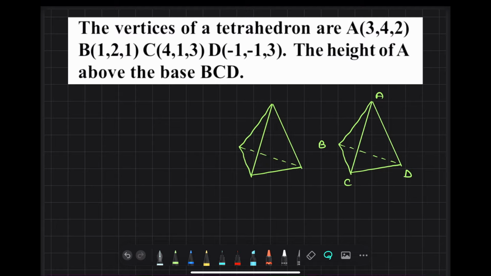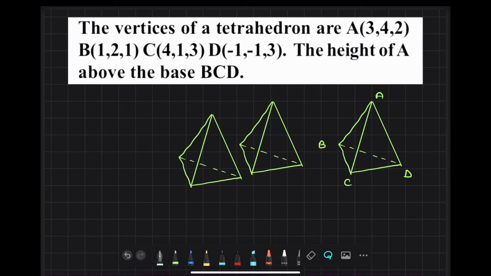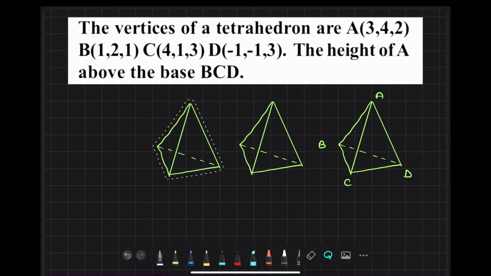Now suppose they ask you to think about the height of B, then you will put B on the top. If they ask for the height of C, you will take C on top.